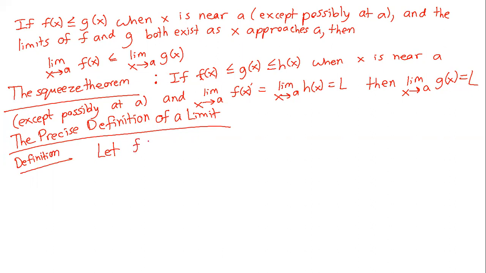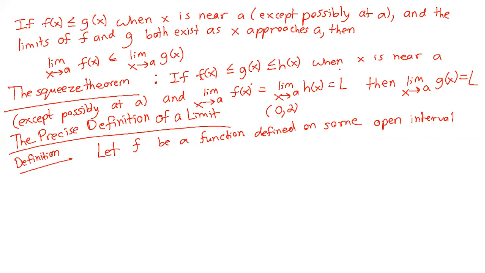So here it says, let f be a function defined on some open interval. Now, because we're dealing with functions of a single variable still, that would be something like 0 to 2. You can see here the parentheses are open, so it's an open interval because it's not closed.